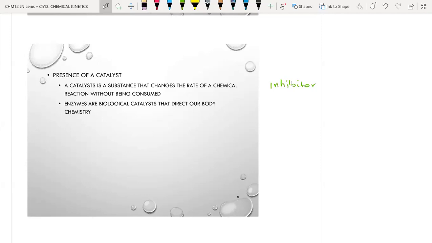So if you add those inhibitors to the fabrics, it will slow down the combustion process. So it will not catch fire easily.